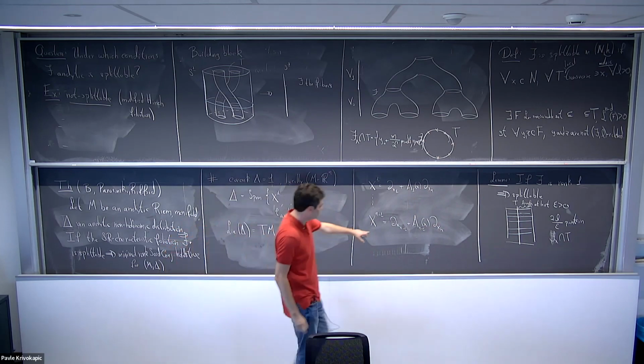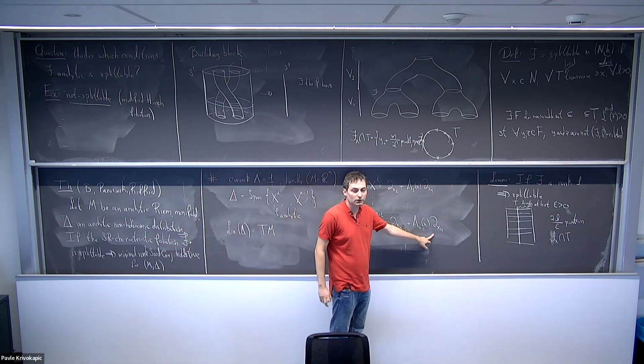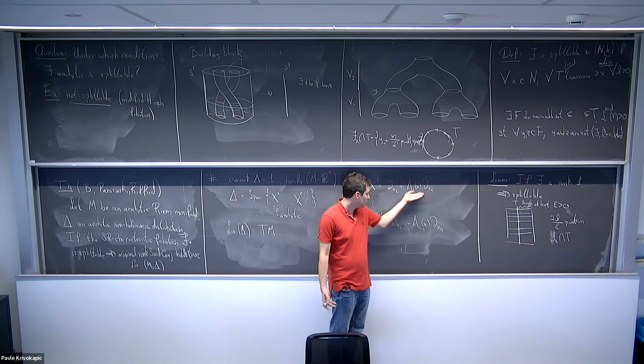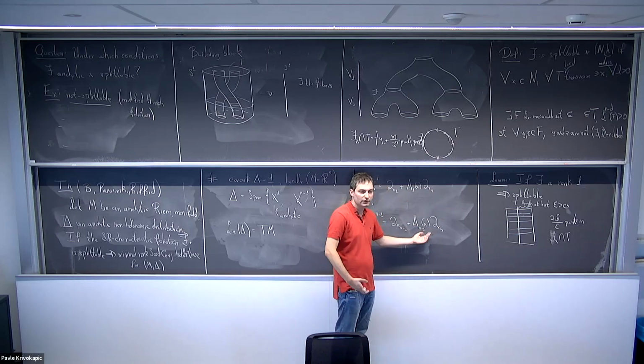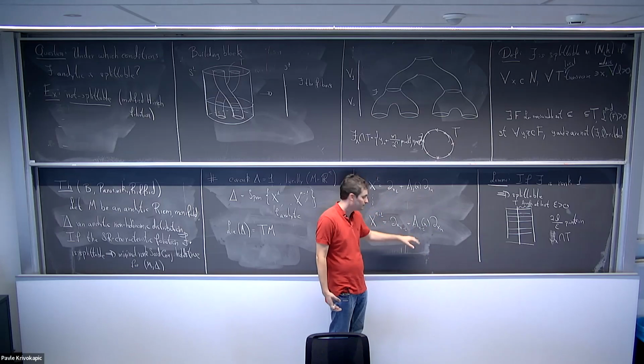And that when I take the Lie brackets, not just once, I'm not only talking about contact structures. Maybe I need several Lie brackets in order to generate everything. Okay.